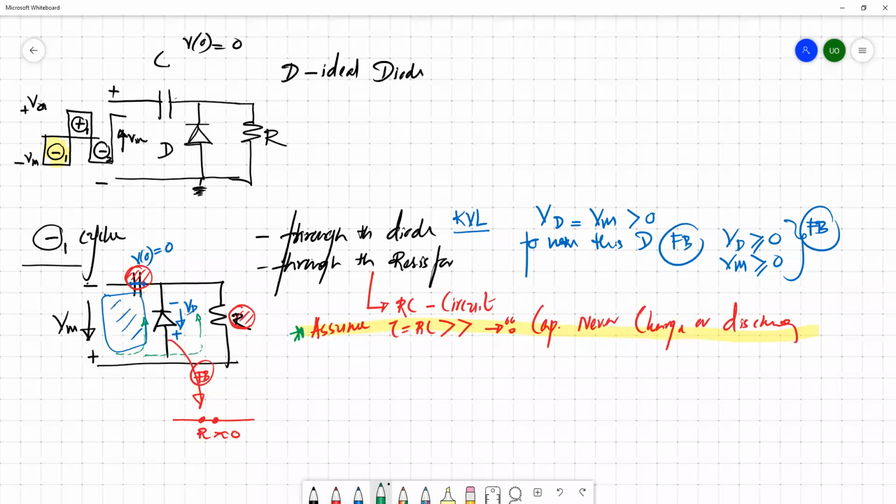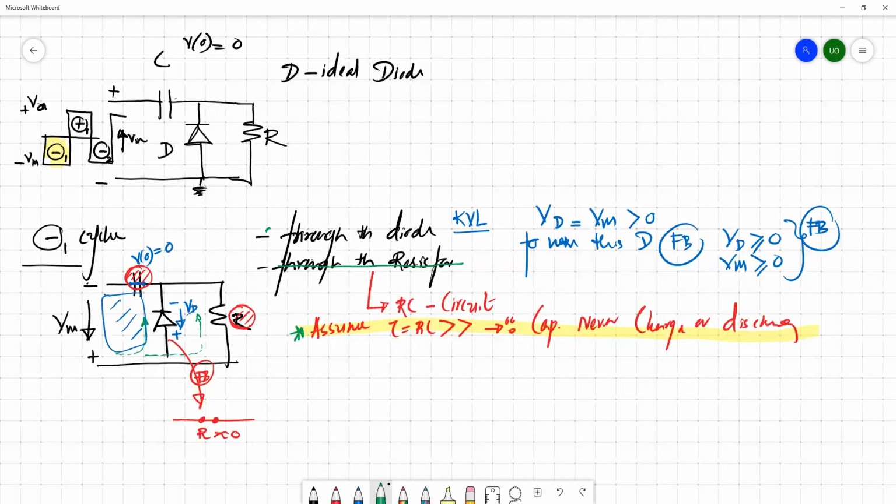Based on that assumption, we can conclude that this is not the path where current flows, because it acts as a high resistive path. If it were a low resistive path, definitely you could see current flow through it and the capacitor would get charged. But due to this high time constant, this path is not valid for current flow.